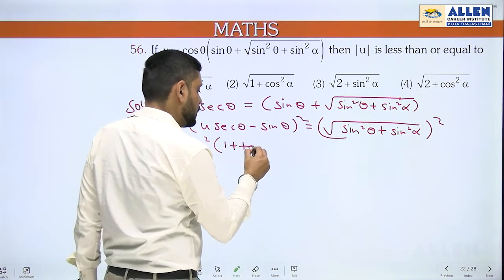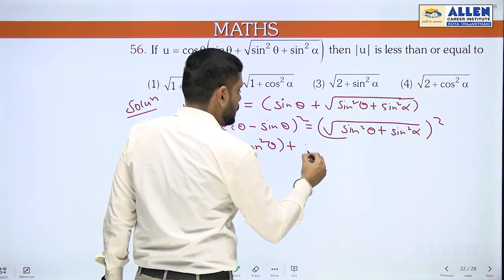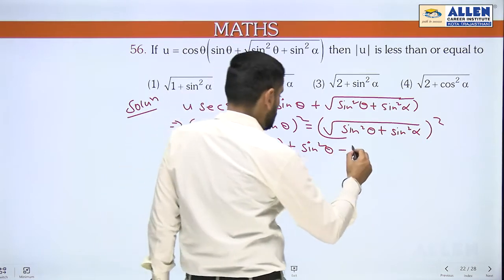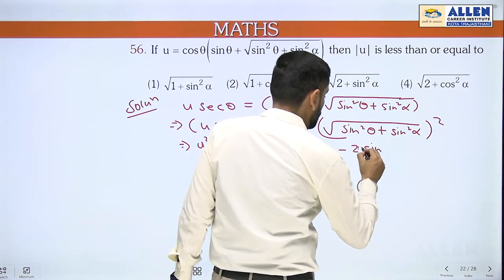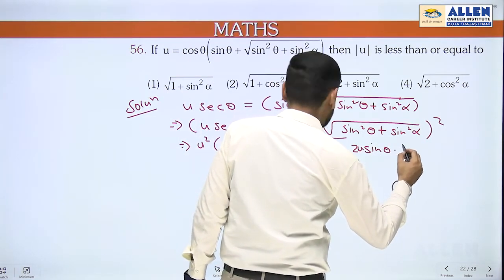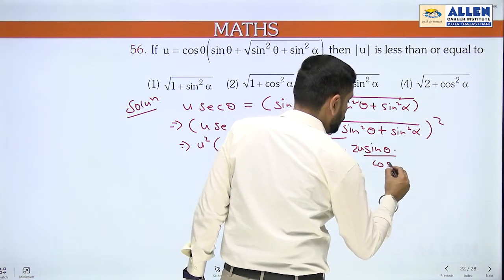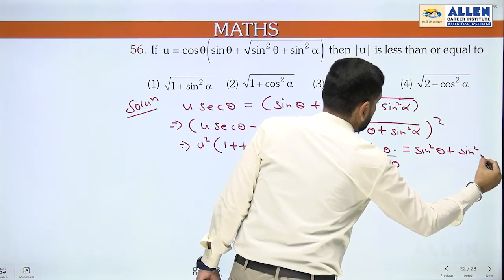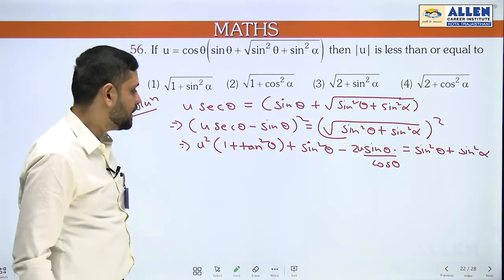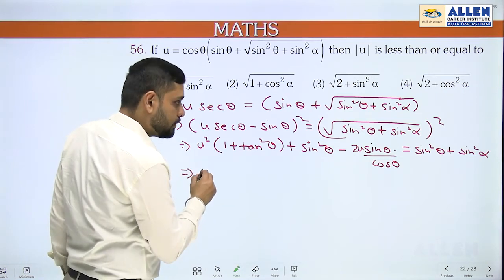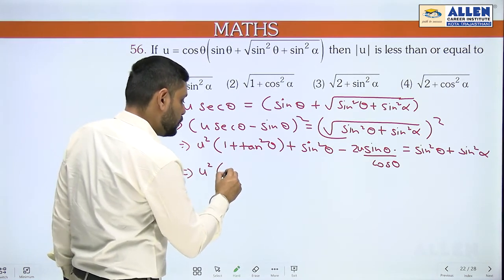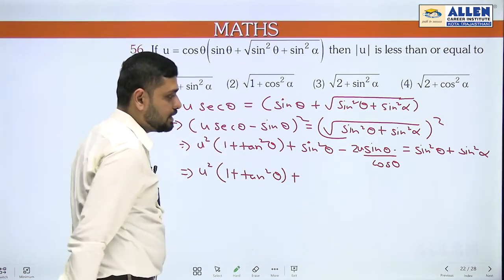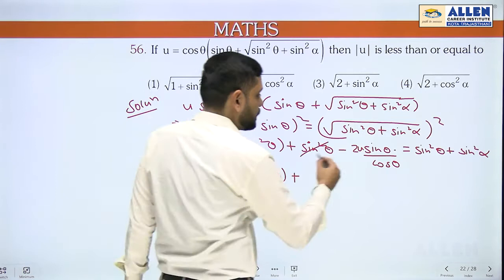So we can write it as u square into 1 plus tan square theta plus sin square theta minus 2u sin theta into sec theta, and that will be 1 upon cos theta, equal to sin square theta plus sin square alpha, right? So after simplification, what we will get is u square into 1 plus tan square theta, plus this sin square theta will get cancelled, right?